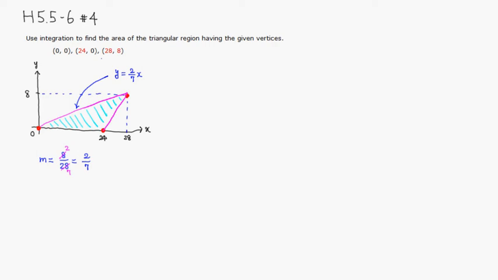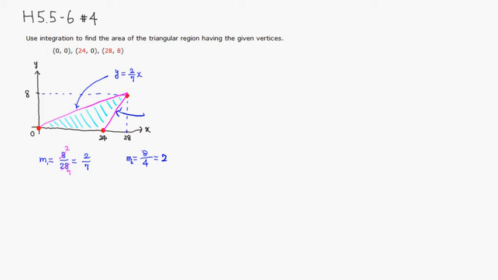Alright, then how about the other one? Let's see, how about this guy? The slope for that one, rise would be still 8, same as before. Maybe I should call this one M1 and this M2 so that we don't get confused. Then run would be 24 to 28, so it's 4. So slope is 2.